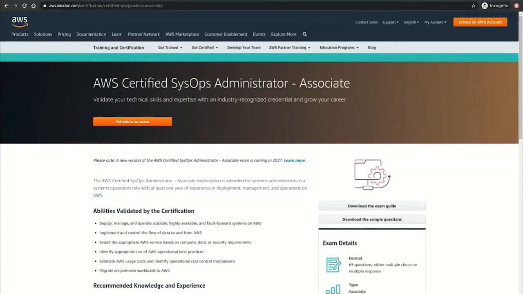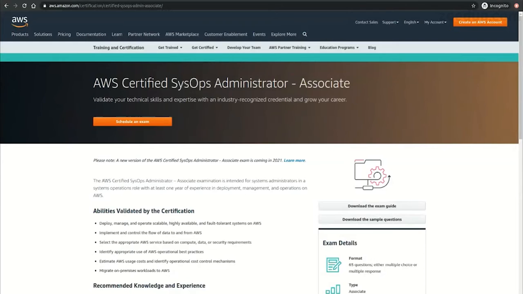The AWS SysOps administrators are responsible for managing operating systems on the AWS platform as well. They are also responsible for maintaining and managing the entire AWS infrastructure of the company, as well as managing and optimizing costs, so that the cost does not become extremely high when it comes to management of the operating system or the infrastructure.